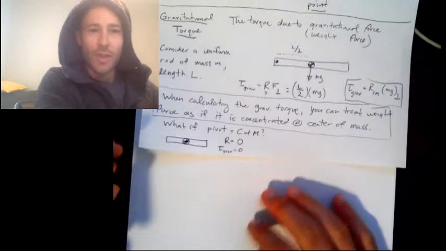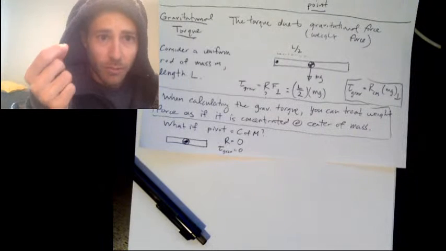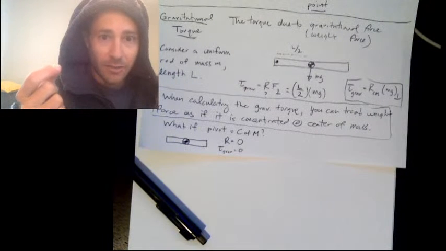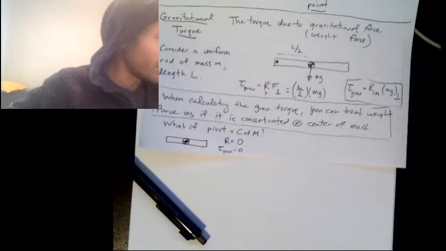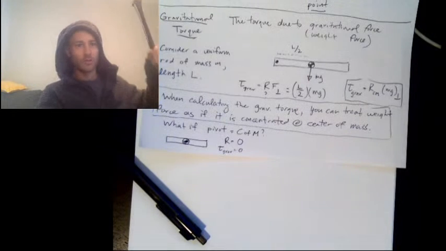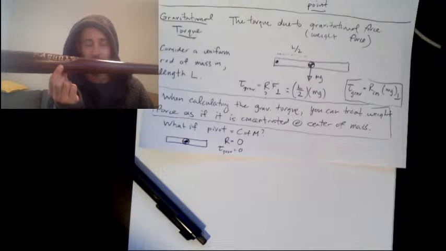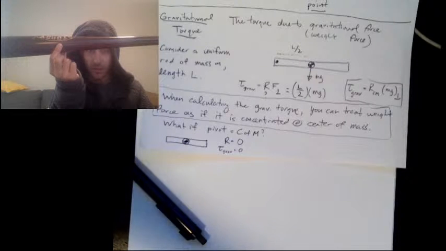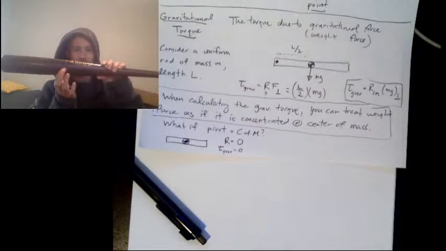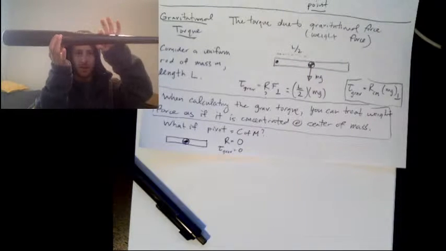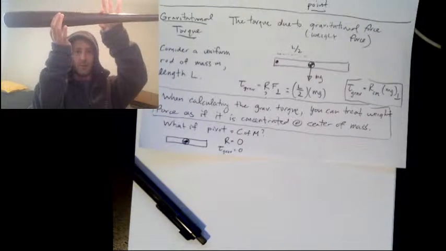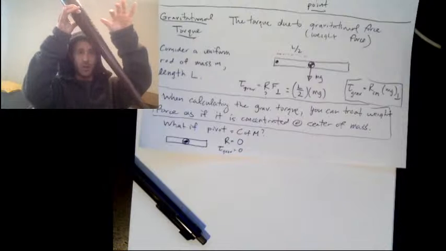So that explains why when you hold something from its center of mass, it balances. Because when you're holding something from the center of mass, there's no gravitational torque, and so the thing doesn't rotate. It just stays put. It balances. If you hold it from a spot that is not the center of mass, then now there's a non-zero R value, and so the thing will start to rotate.